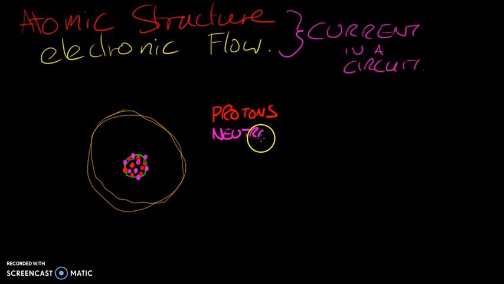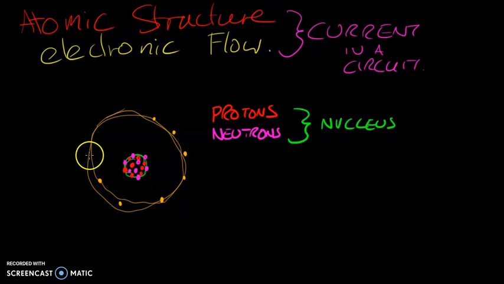And so those go together to make up our nucleus. Okay, so the nucleus consists of protons and neutrons. Orbiting around our protons and neutrons at quite a considerable distance, we have a cloud or shell or layer of one or more electrons. Okay, so the electrons orbit around the nucleus.